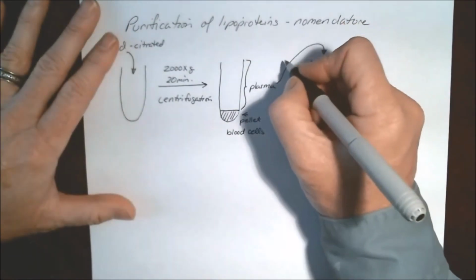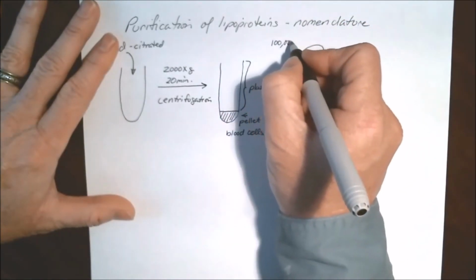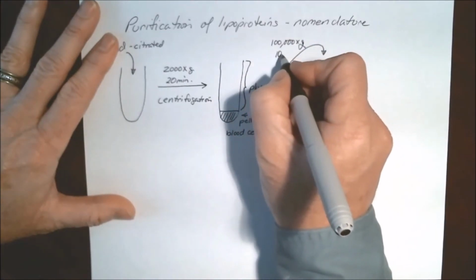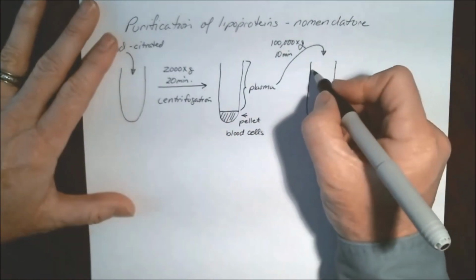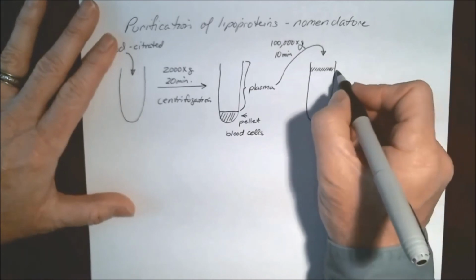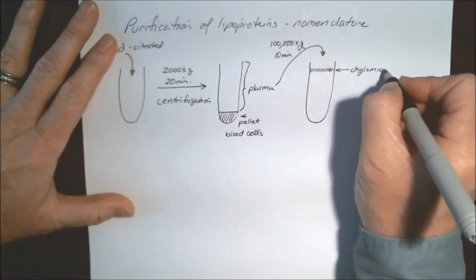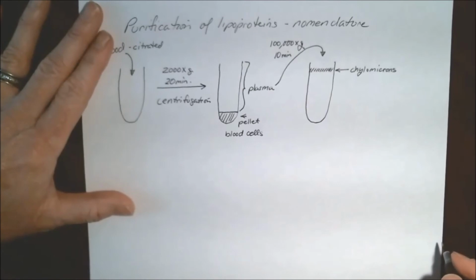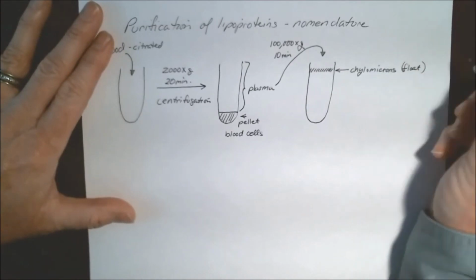This tube we are going to centrifuge at 100,000 times g for approximately 10 to 15 minutes. What we will get here is a fraction on top, and this fraction will be our chylomicrons. The chylomicrons float under these conditions. And why do they float?